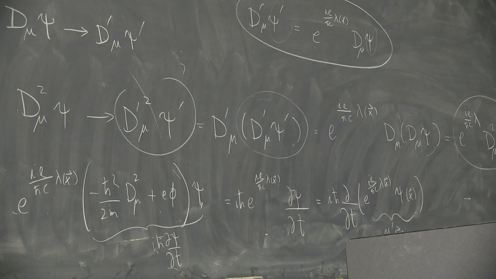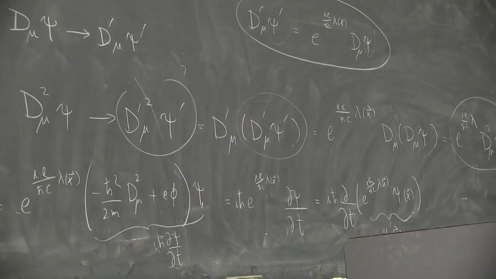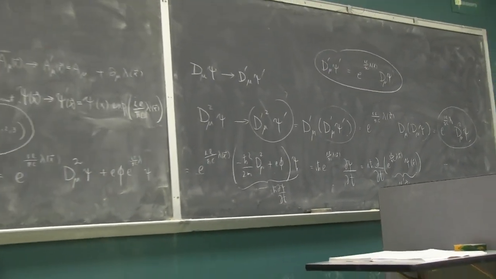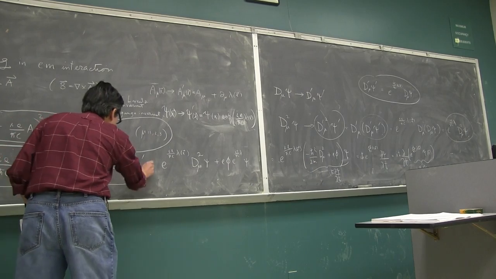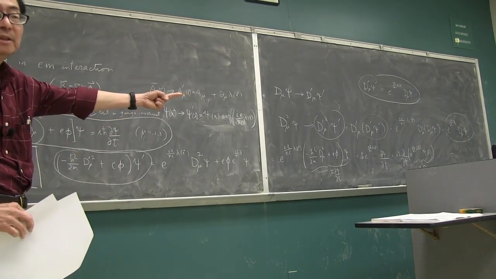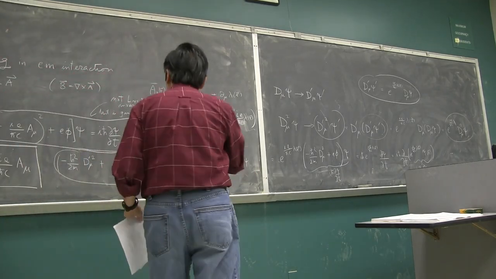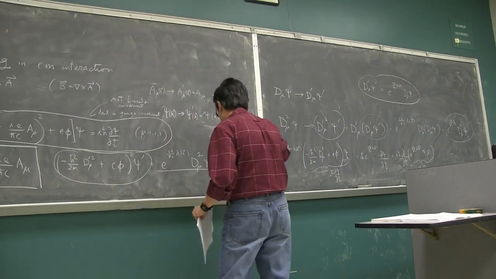So now look at what I have achieved. I have demonstrated to you that the new Schrödinger equation reads like this. This left-hand side, string it along all the way to the right-hand side.